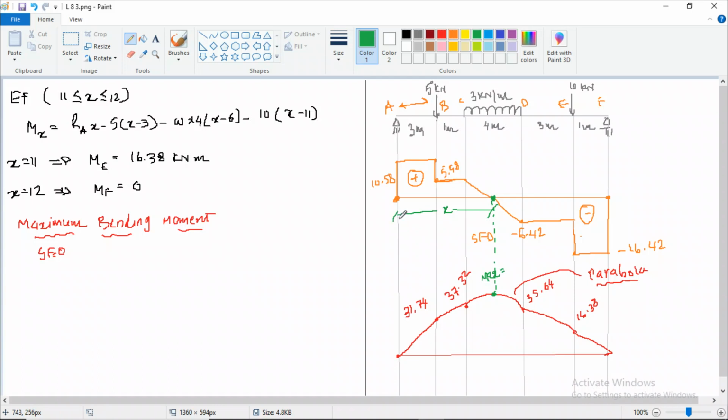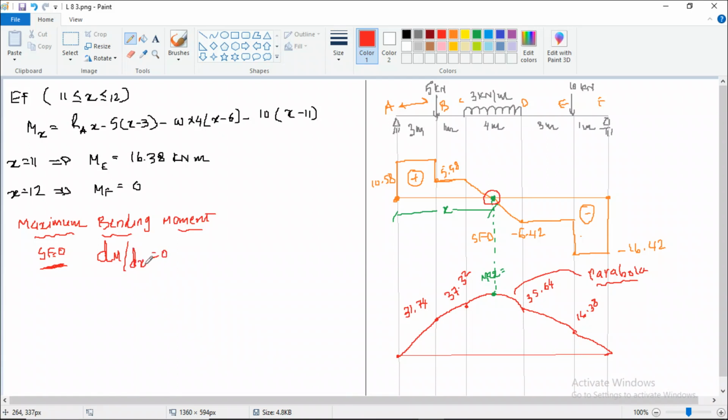Right? So let us calculate the maximum bending moment now. So maximum bending moment we are getting where shear force is 0. That is another observation. Here at this point shear force is 0. Right? So how we can get this? So let us say we can write this as dM by dx is equal to 0 also.